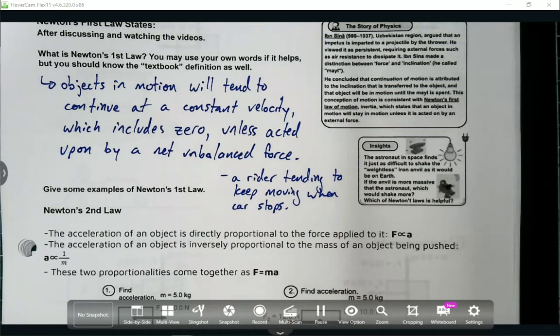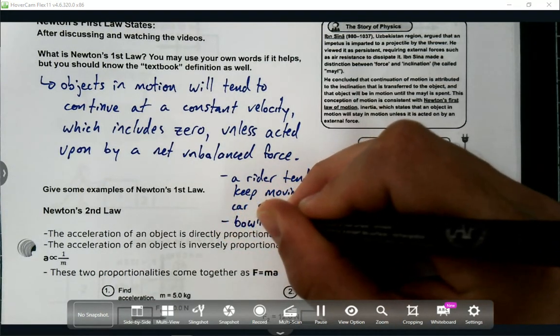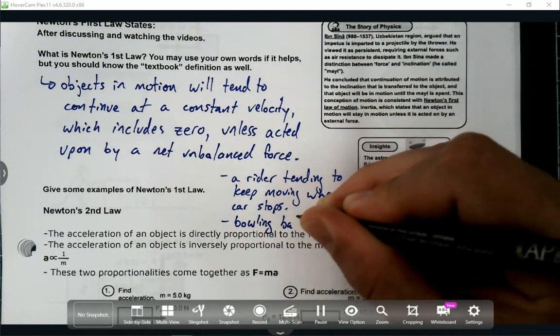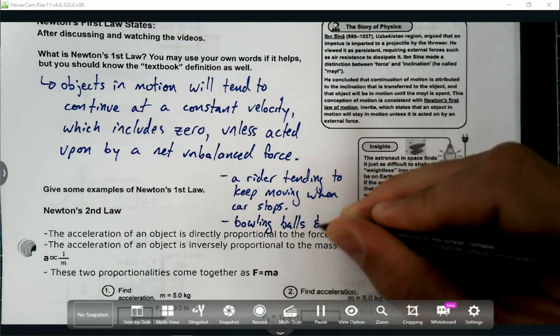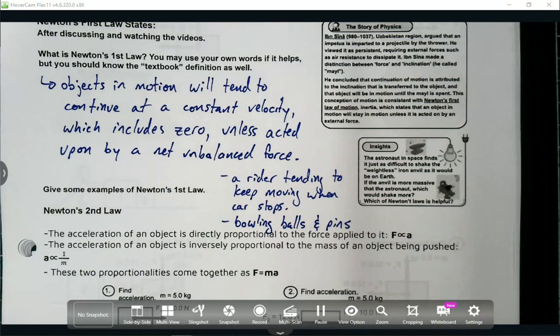And the pins just keep on sitting there until a force acts upon them, right? So I'm not going to write that whole sentence, but I'm going to say bowling balls and pins. Of course, people say, oh, what about billiards and pool tables? Yeah, of course, totally, absolutely, that too, right?